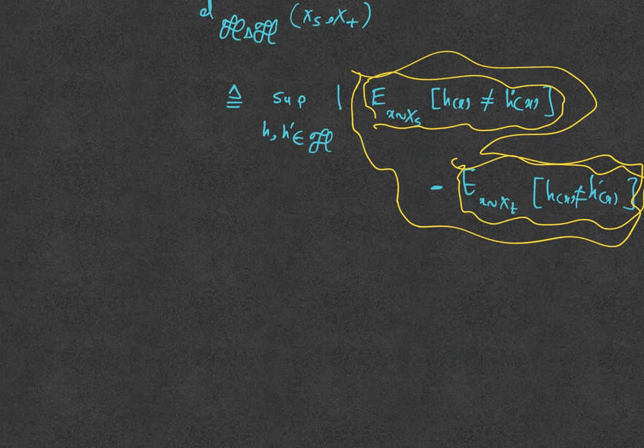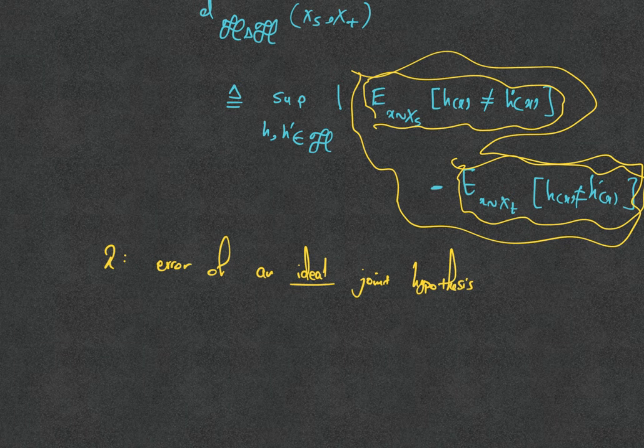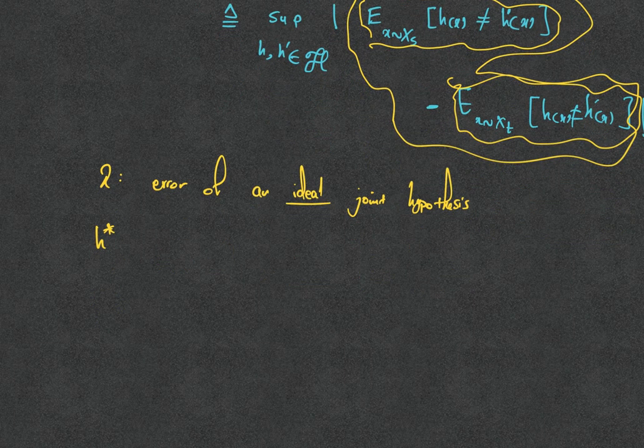Now, what is lambda here? Lambda is called, let's pay attention to the definition, the error of an ideal joint hypothesis. Let's say you have an H star, which could be anything. I'm sorry, it couldn't be anything, but let's say you want to find this. You want to pick the hypothesis from the space that minimizes what? It minimizes both of these at the same time.